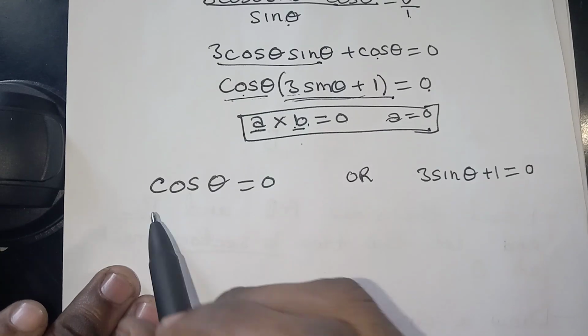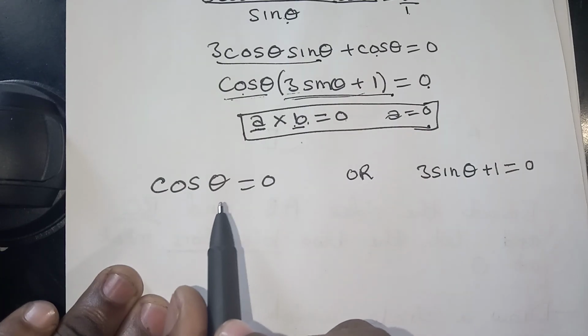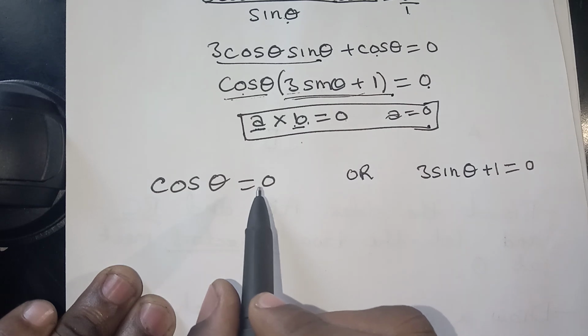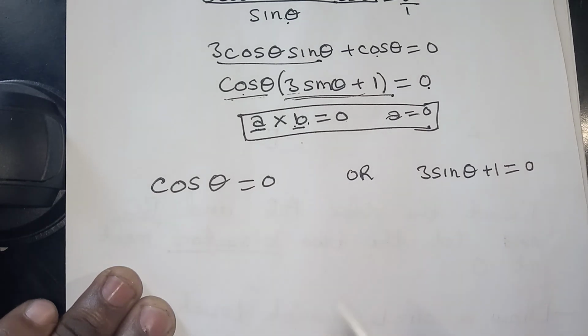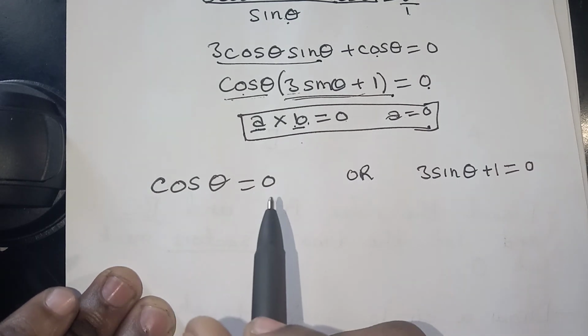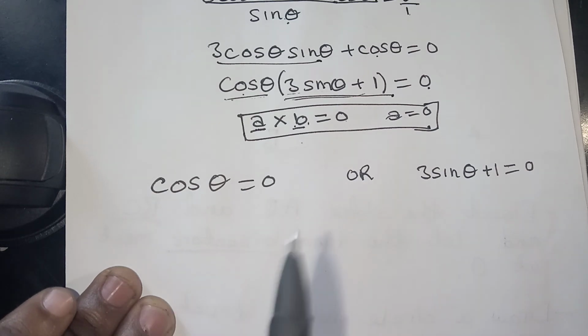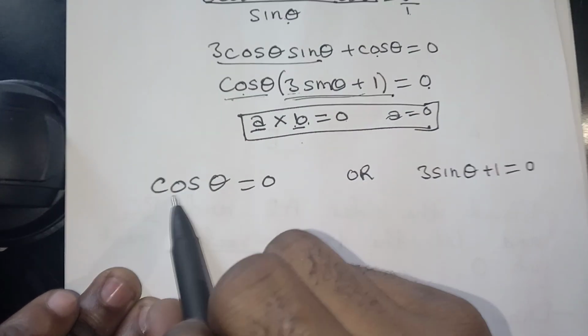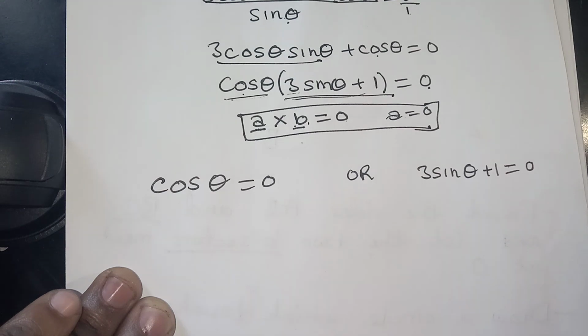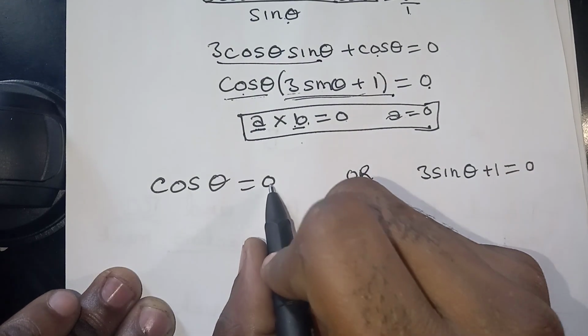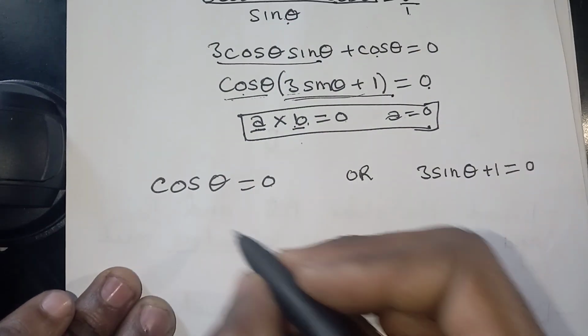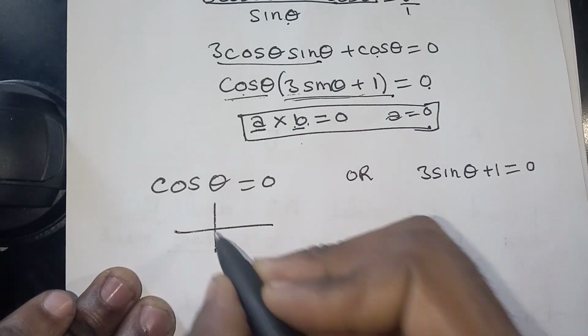So now let's start with this one. When you have a 0 like this, you know that 0 is neither positive nor negative, so you can't tell in which quadrant this one is found. But you know the axis you are dealing with, right?